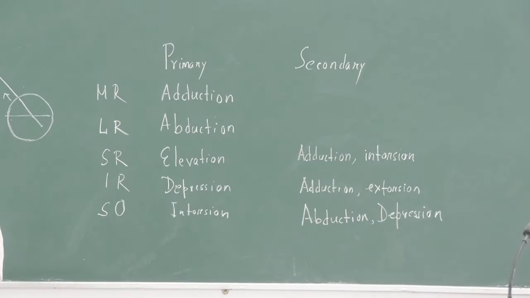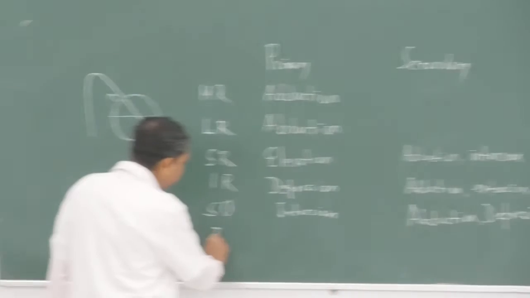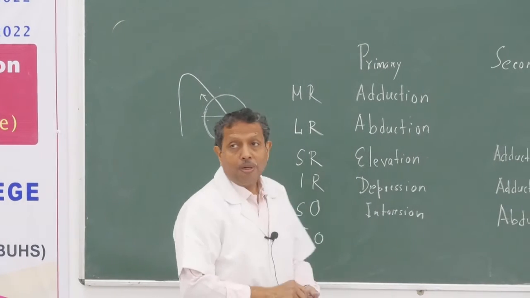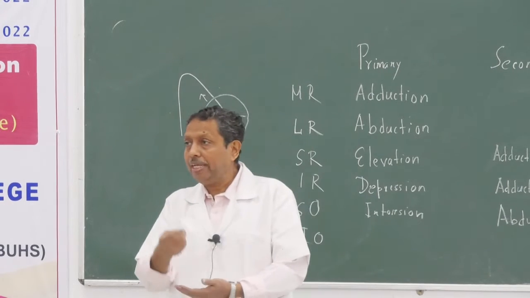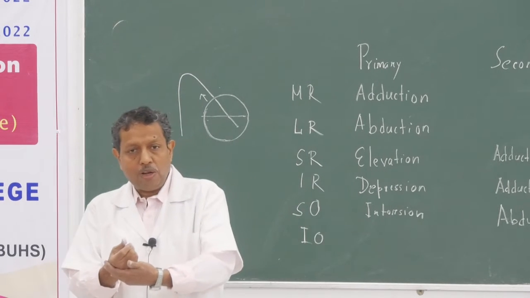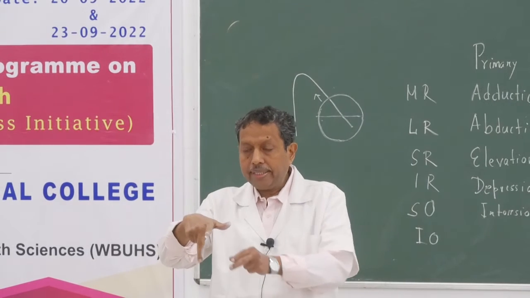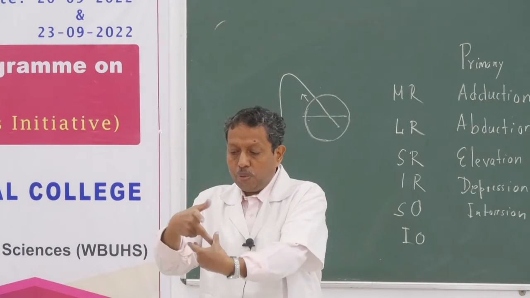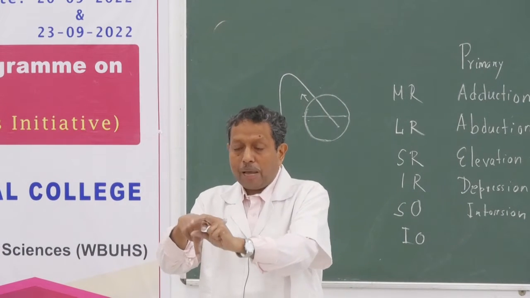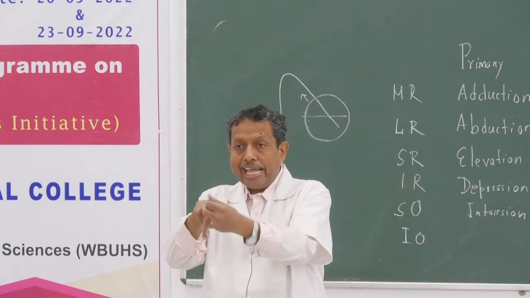And last is inferior oblique. It is below the eyeball. So in the three axes we are considering, when it is moving in this way, the primary movement becomes extorsion.